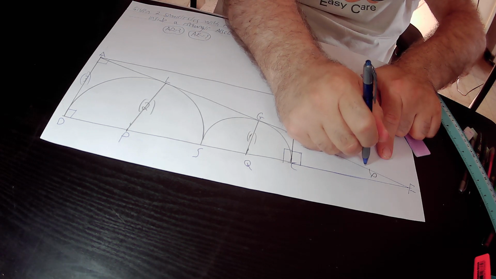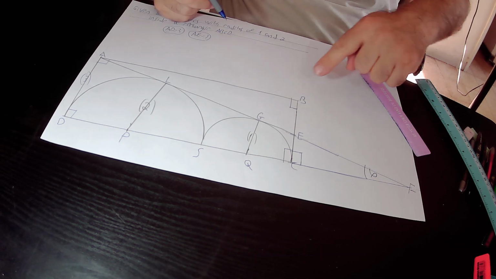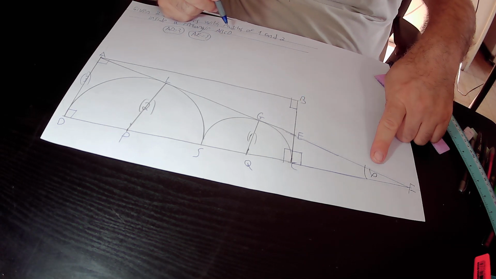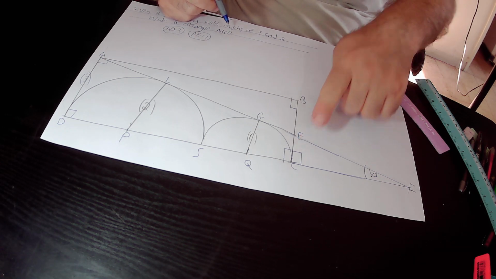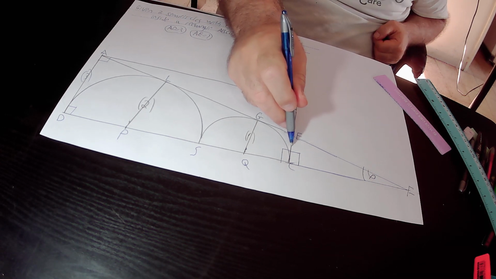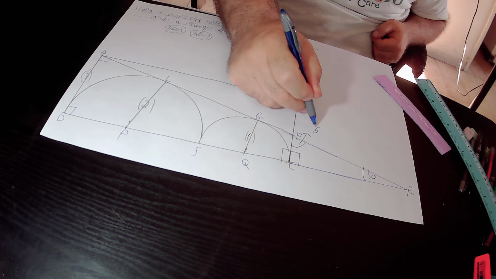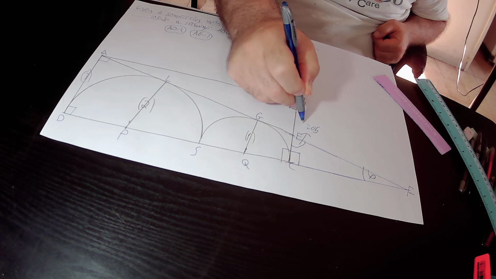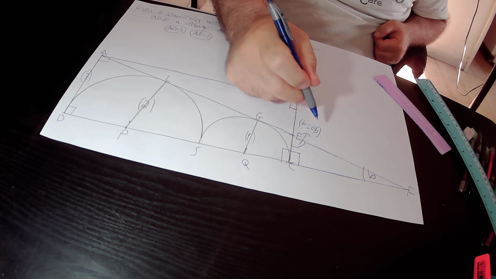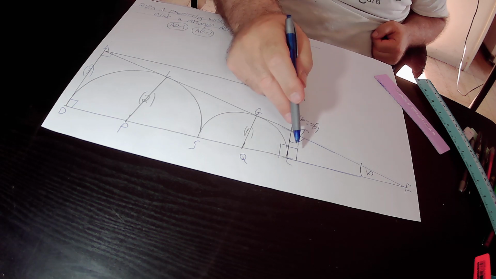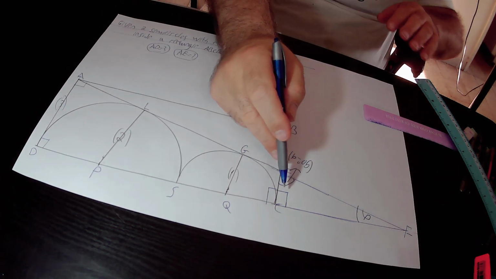We will continue to focus on the small right triangle, triangle ECF. In this small right triangle, this angle equals alpha, this angle equals 90 degrees. Therefore, this third missing angle must be equal to 90 degrees minus alpha. Why? Because 90 degrees minus alpha plus alpha is 90 degrees, and 90 degrees plus 90 degrees equals 180 degrees.